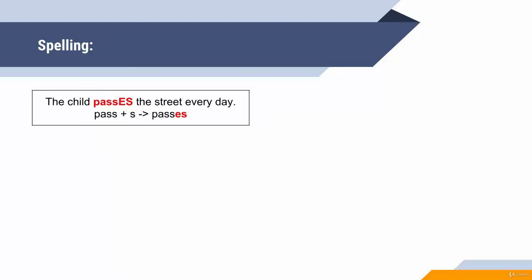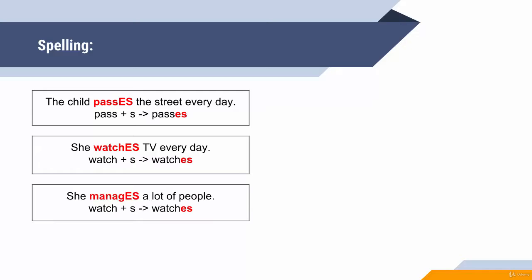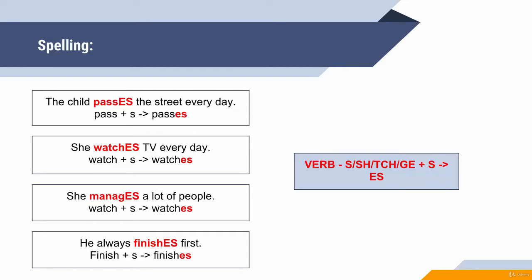Another one. The child passes the street every day. Or she watches TV every day. Or she manages a lot of people. He always finishes first. Again, you know what this rule is from the plural forms of the nouns.